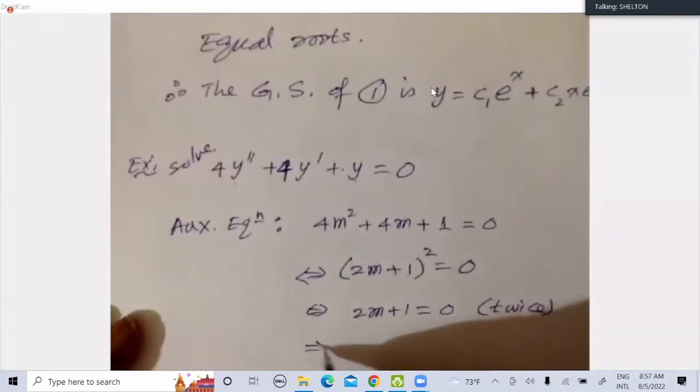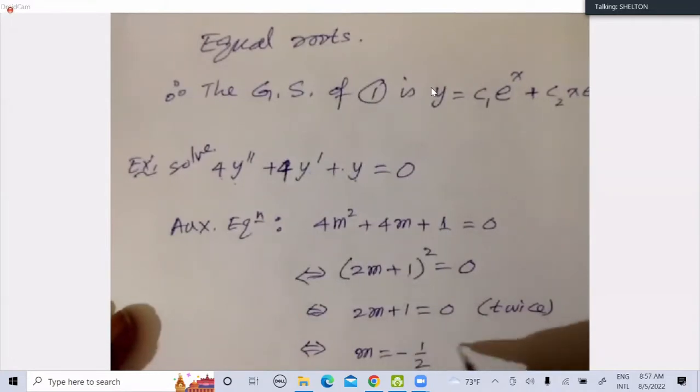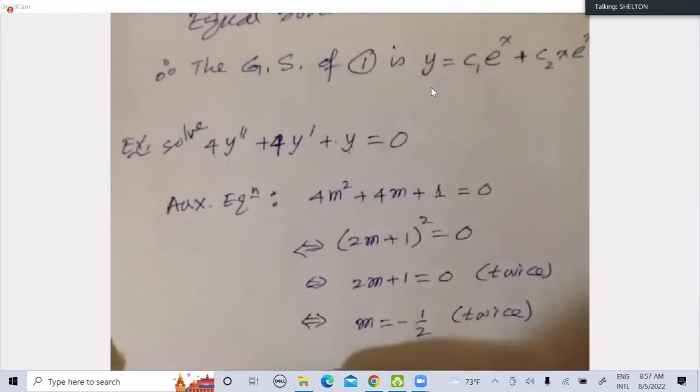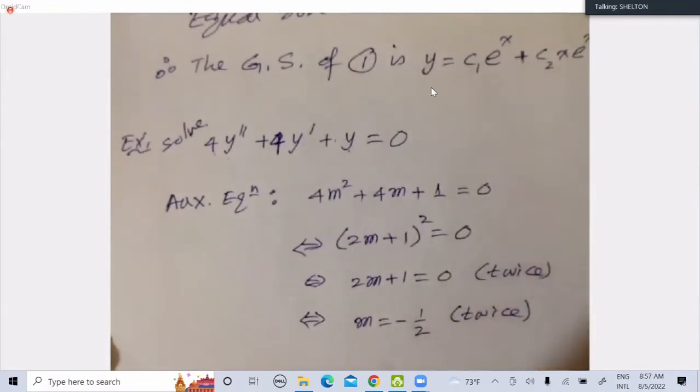Then we have again equal roots. 2m equals minus 1. Therefore, m equals minus 1 divided by 2 twice.